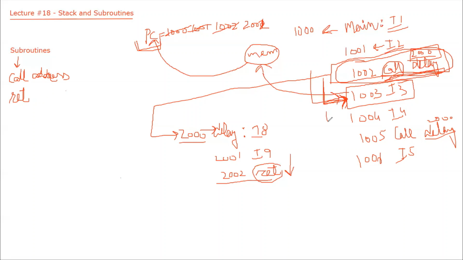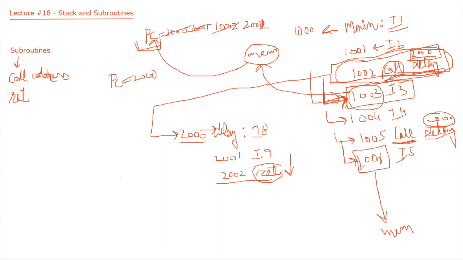The next value will be 1004. Next value will be 1005. Now call says go to 2000. So in program counter, we will have 2000. However, we know that we are making a call here, which means we have to return back to this location. So this will be our return address now. We have to store this return address in memory. In the previous case, that was the return address; now this is the return address.